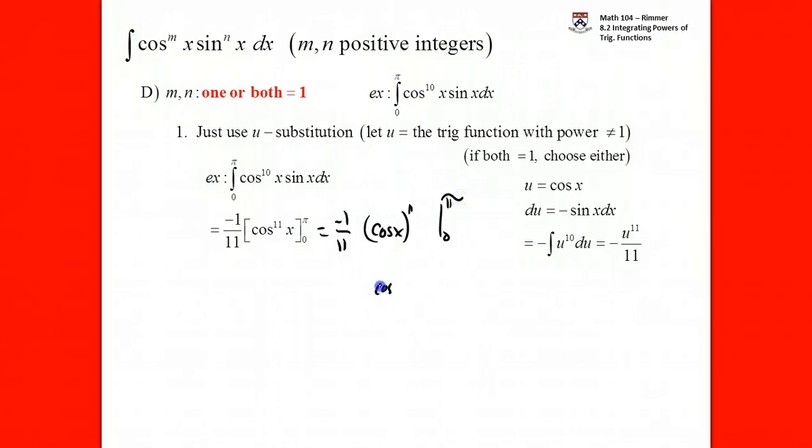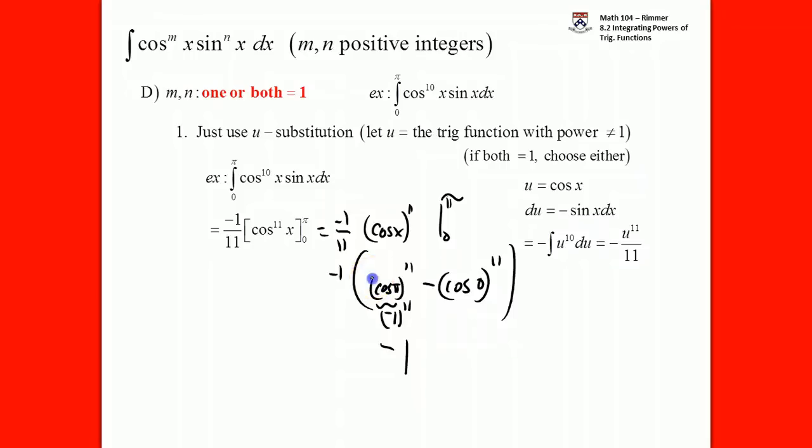What's cosine pi to the 11th? Cosine pi by itself is negative 1. Negative 1 to the 11th is negative 1. All right, cosine 0 is 1. 1 to the 11th is 1.